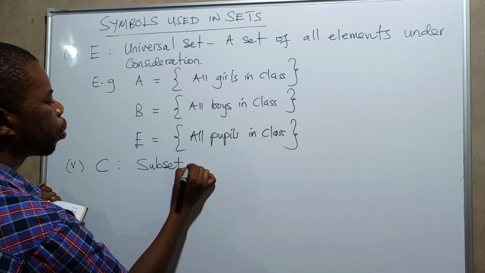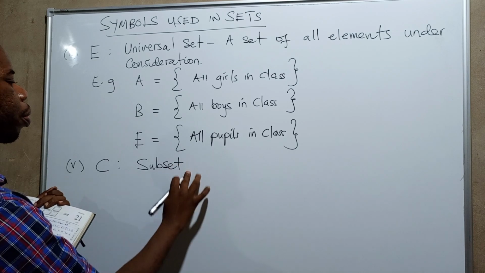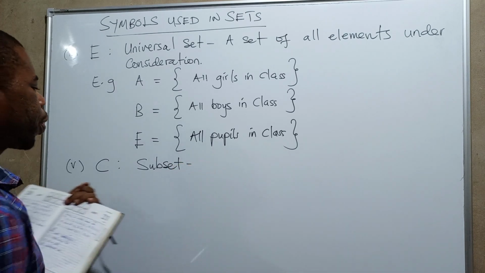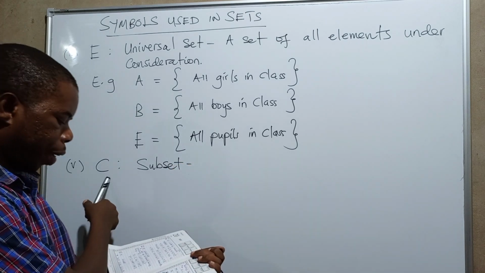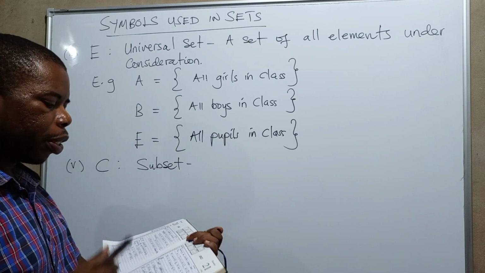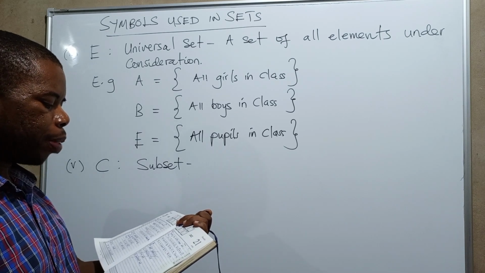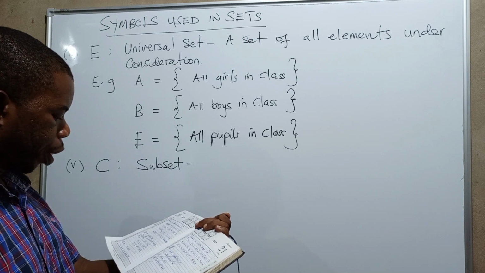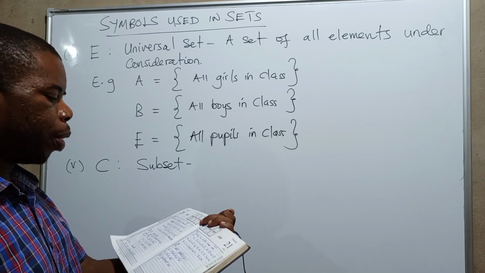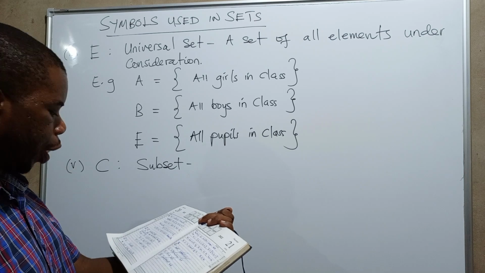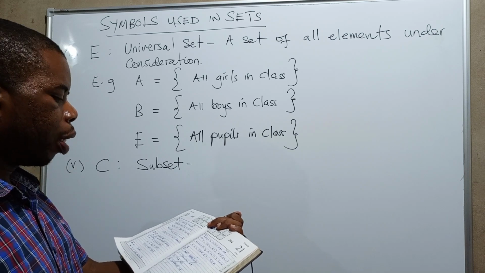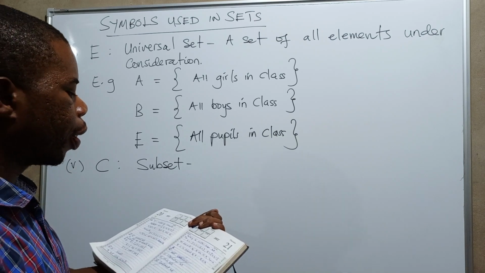Subset is represented by this, and a subset is a set of elements belonging to a larger set, a set whose elements belong to another larger set.